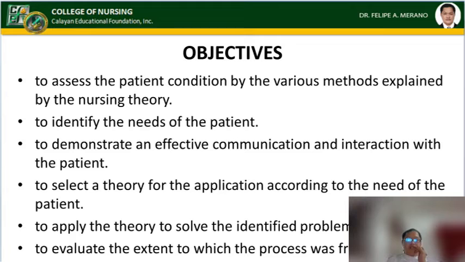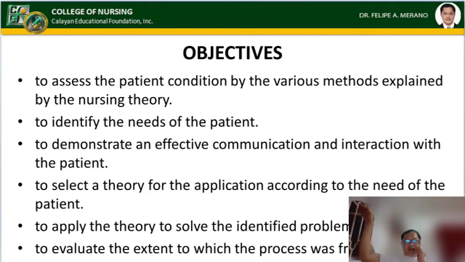So the objective of this topic is to assess the patient's condition by various methods explained by nursing theory. So we have to better understand the condition of the patient using nursing theory. Next is to identify the needs of the patient. Through nursing theory, we can identify the needs of the patient, then demonstrate effective communication and interaction with the patient.